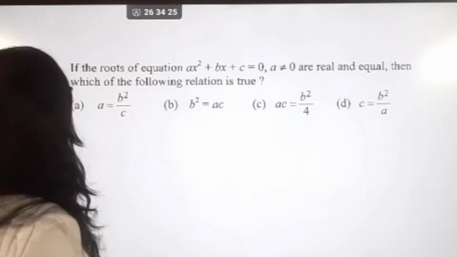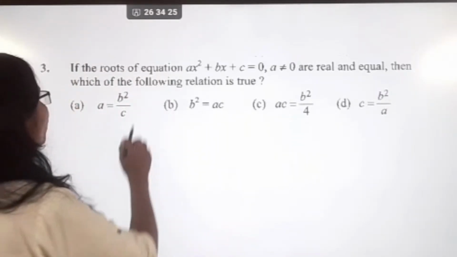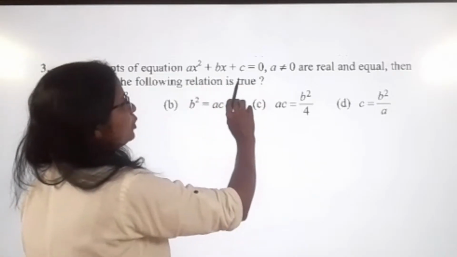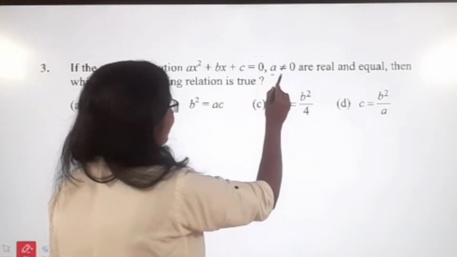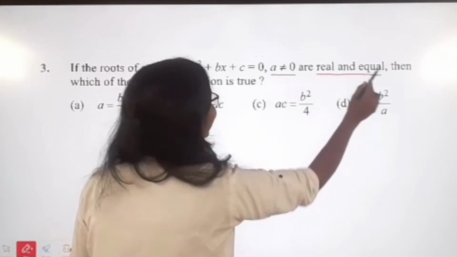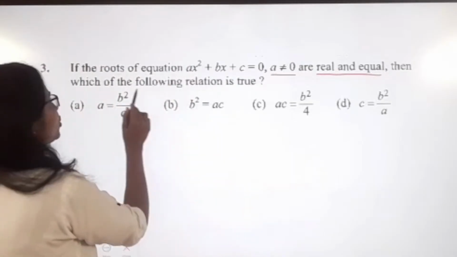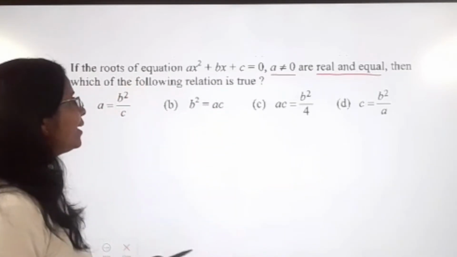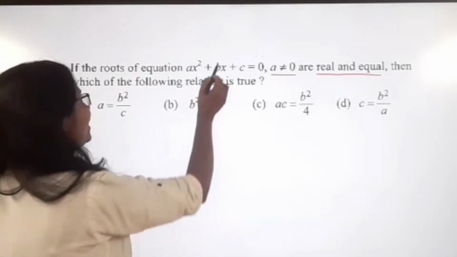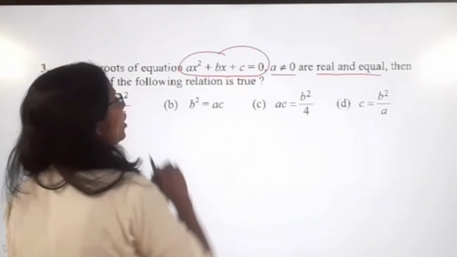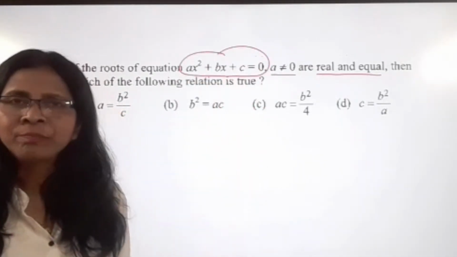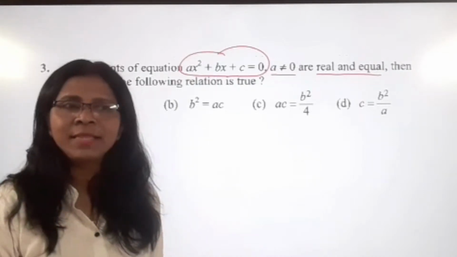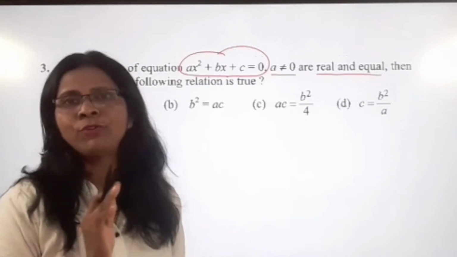The next example: if the roots of the equation ax square plus bx plus c is equal to 0, a is not equal to 0, are real and equal, then which of the following relations is true? Yes, students, the given equation is a quadratic equation, and the discriminant of the quadratic equation is b square minus 4ac.